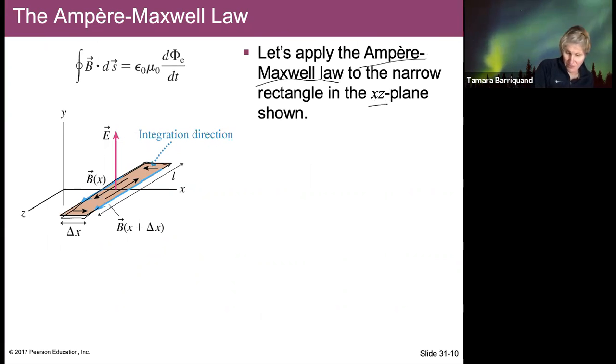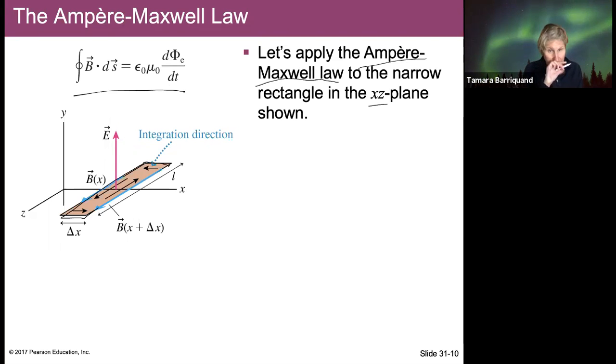So that's why we want to go in the xz plane. We remember that the Ampere-Maxwell law, when there is no current, says the integral of B dot ds will be equal to ε₀μ₀ dΦ_E/dt. So it's the change in the electric flux with time.